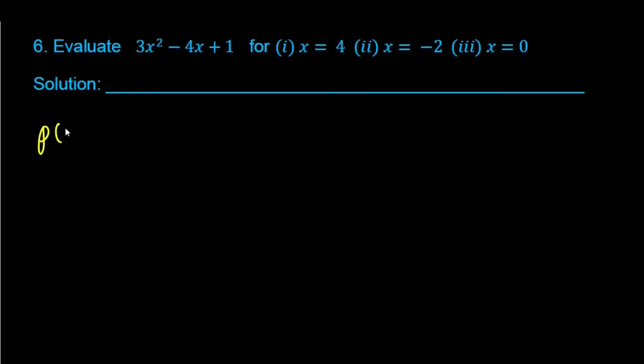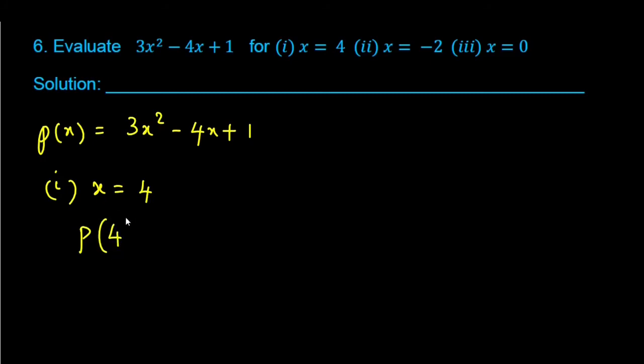P of x is equal to 3x square minus 4x plus 1. First one, x is equal to 4. Let us find the value of P of x at x equal to 4, denoted as P of 4.